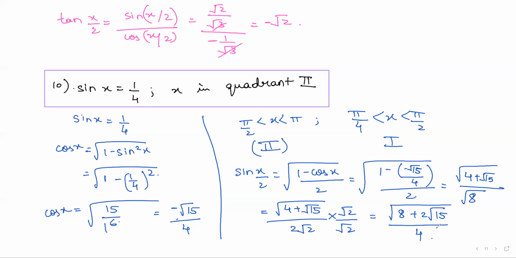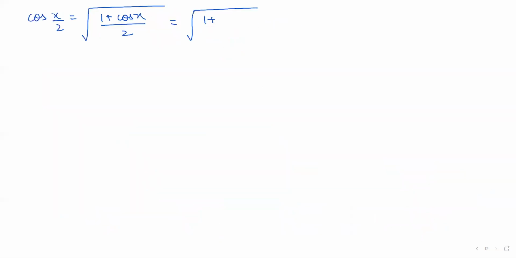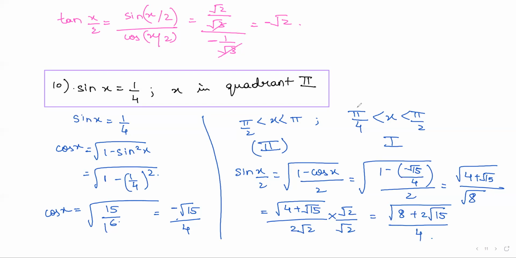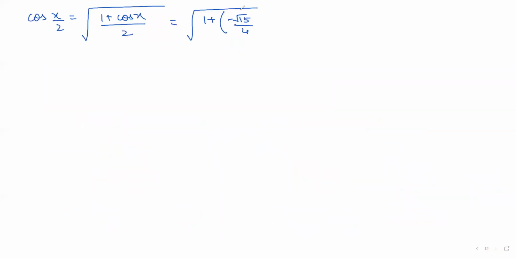Next, your cos x by 2 will be equal to root of (1 plus cos x) upon 2. This is equal to root of (1 plus cos x), which is calculated as minus root 15 upon 4, whole upon 2.